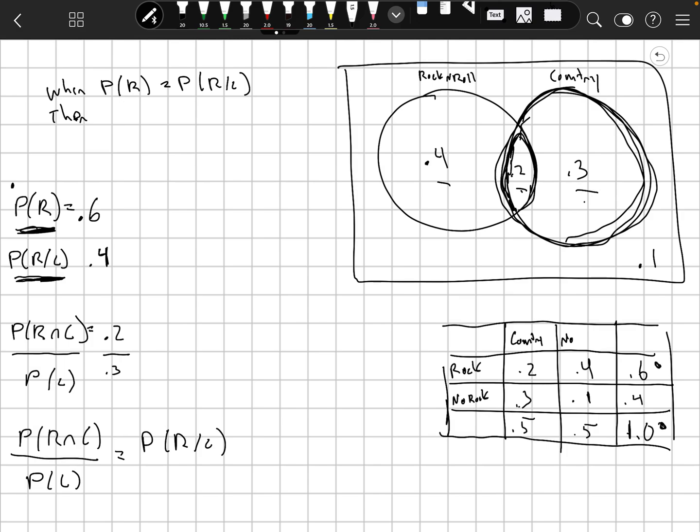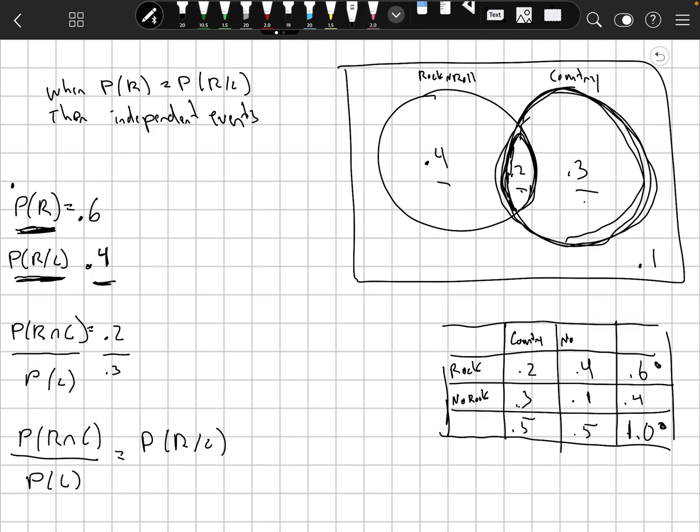So when the probability of rock and roll is equal to the probability of rock and roll given country, then they are independent events, meaning one does not have any bearing on the other. As it is, they are dependent events, meaning that the probability of liking rock and roll given you like country is a little bit less than the probability of just liking rock and roll. So people who like country don't like rock and roll as much.